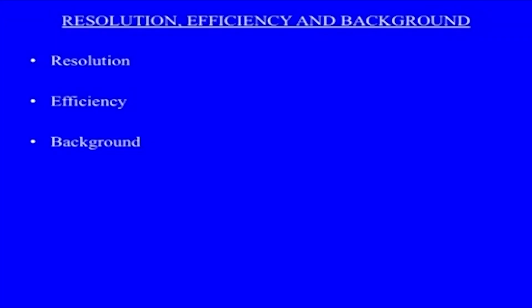Now, a very important part of this or any method is the resolution, efficiency and background problems. High resolution, high efficiency and low background are important factors to be attained in any experiment. So, let us discuss these factors in autoradiography. Resolution first.